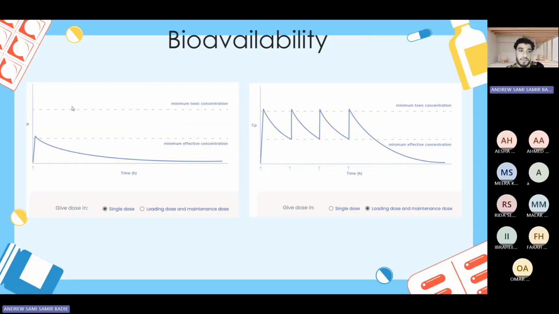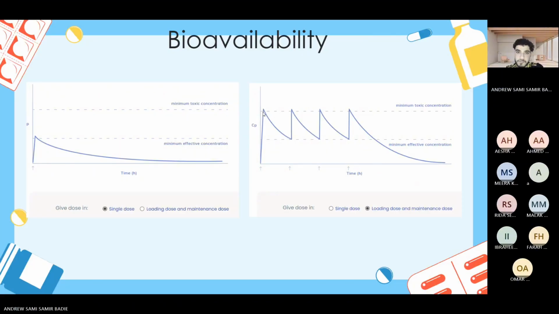If you see on the left hand side, the first patient took the drug once, and then he didn't take it again until the next dose. He didn't really reach this therapeutic range, and he barely reached the minimum effective concentration. But on the other hand, the other person took a loading dose, so he took, for example, 2 pills instead of 1, and he reaches the therapeutic range.